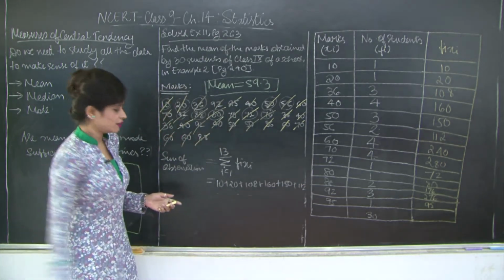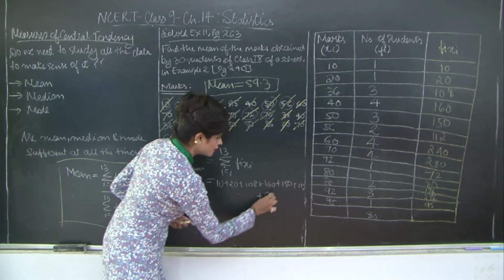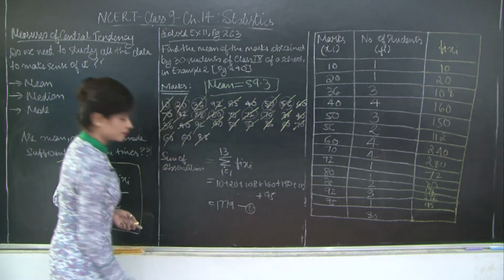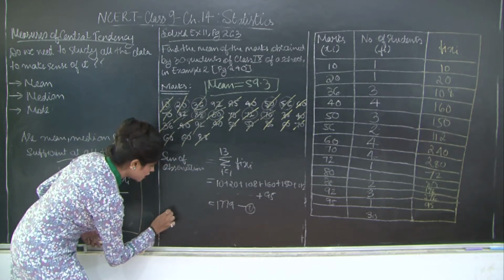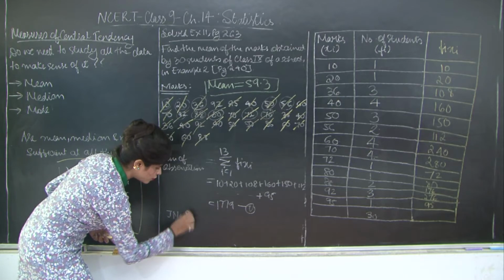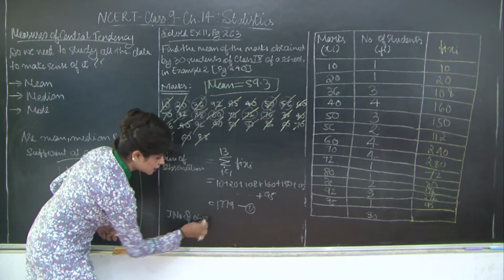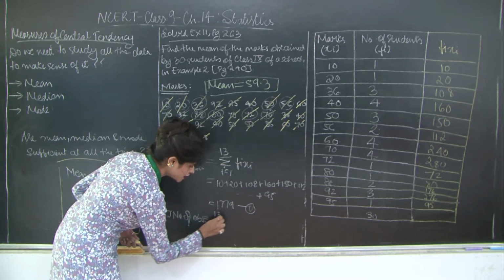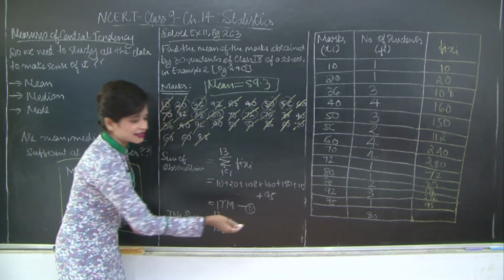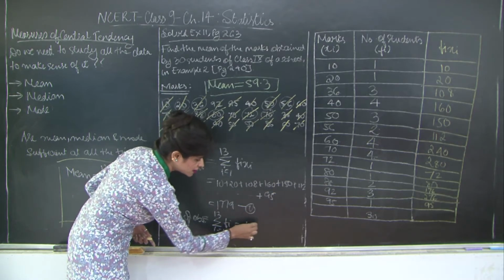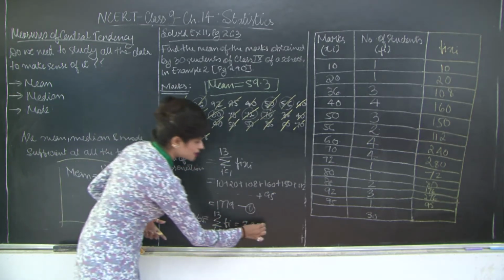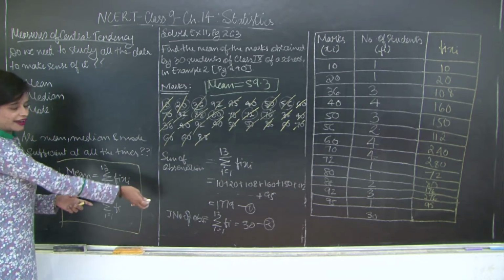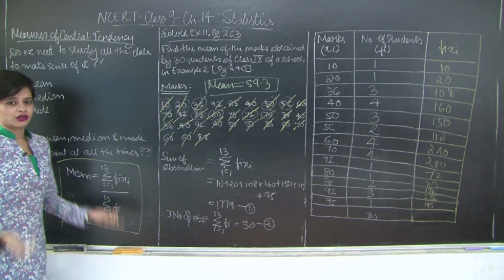I am not writing all the values up to 95. This will give you 1779. Okay, you mark this as 1. Then you are just going to write total number of observations is equal to summation i equal to 1 up to 13 Fi. We know that that is 30. Here we have it in the table itself. And then you mark this as 2. You write this and then substitute the values into this formula, and there you will have the answer.